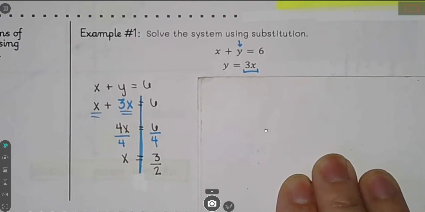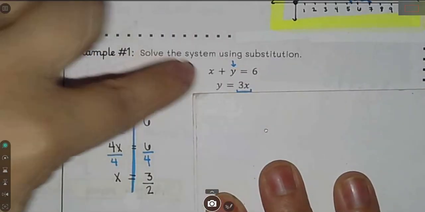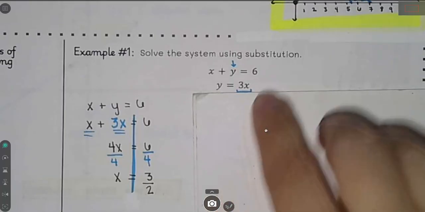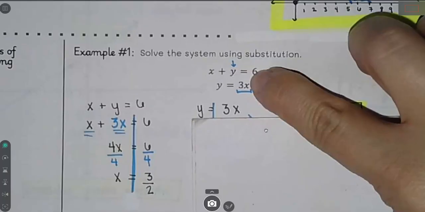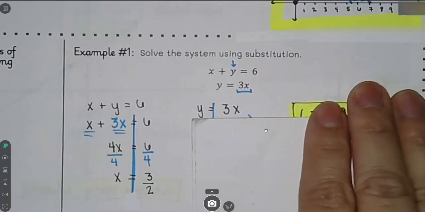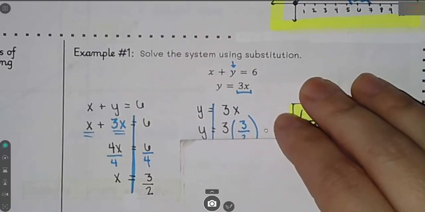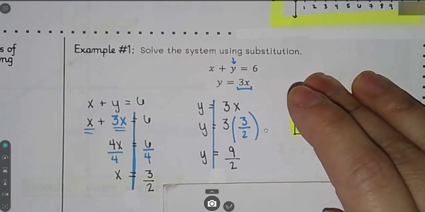Okay. Now that I have a numerical value for x, I can plug it into either of these equations and solve for y. It doesn't matter which one. I'm going to choose to plug it in for this one. So I've got y equals 3x. Instead of x, I'm going to write 3 over 2. 3 times 3 over 2 is 9 over 2.